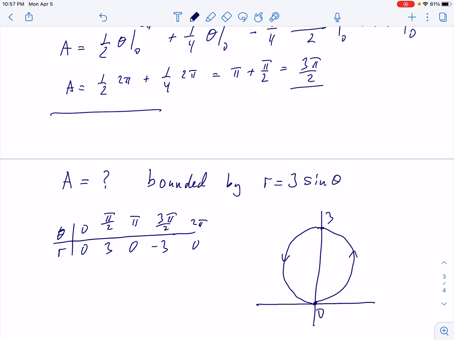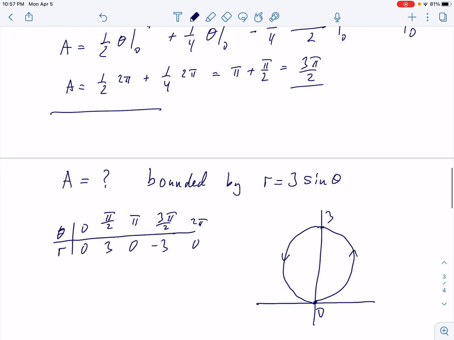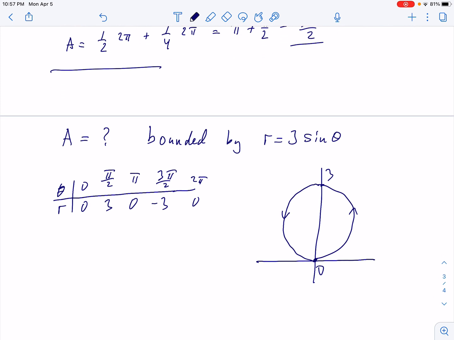Then moving from pi to 3 pi over 2, radius becomes negative, it will repeat the same curve. For example, if you have this position here, you have to measure the radius on the opposite side, so you're getting points on the same circle. This is a circle. I think we already know that this is a circle from previous examples.